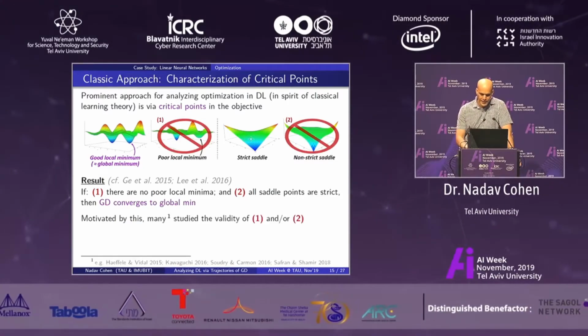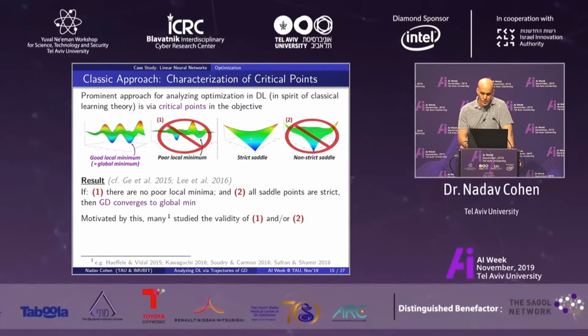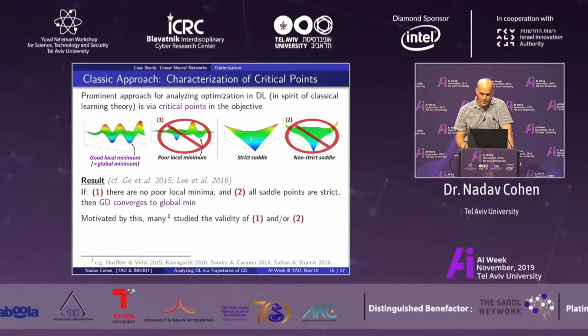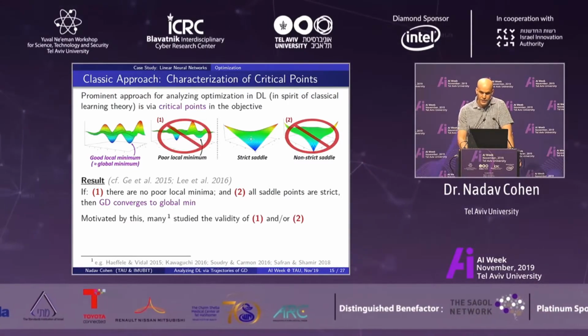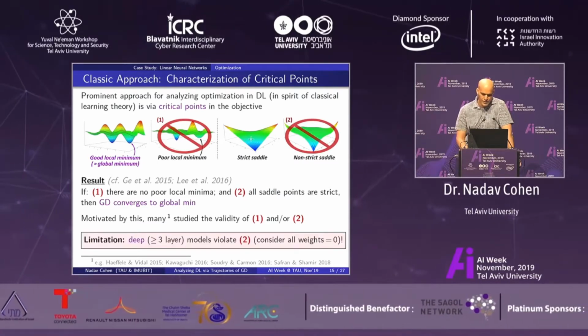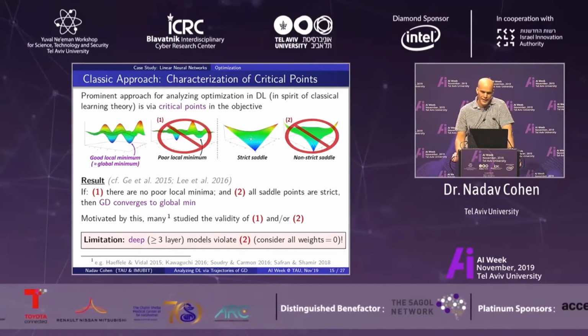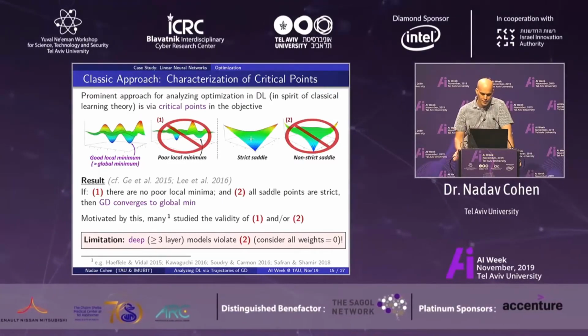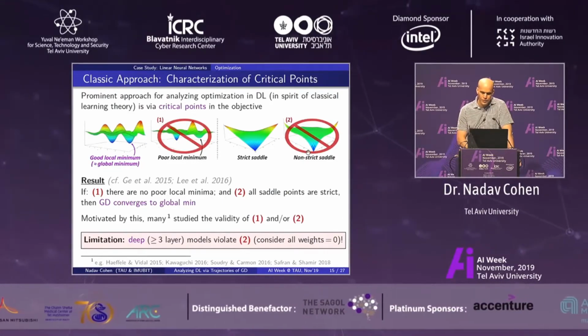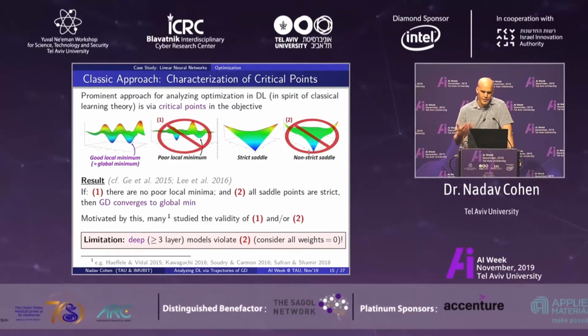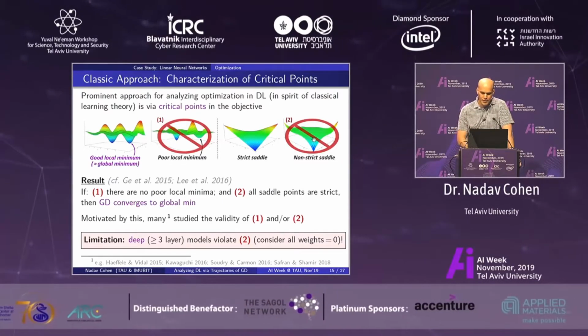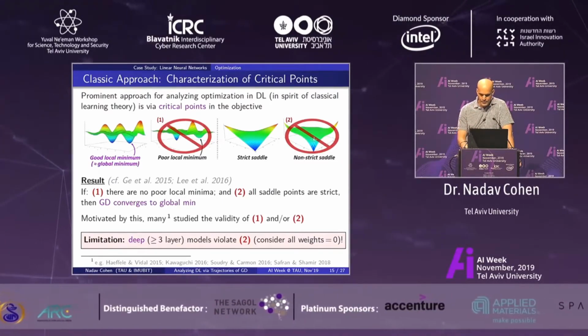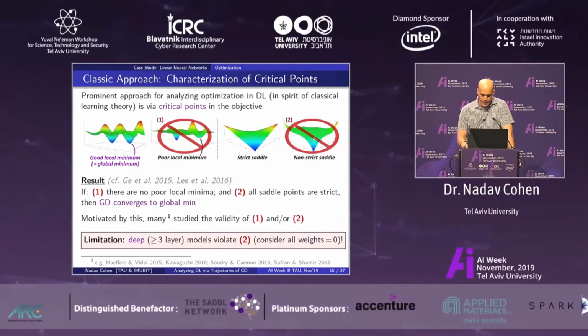And indeed, many motivated by this result studied the validity of these two properties, no bad local minimum and no non-strict saddle. However, this kind of approach hits a wall right at the outset when you try to apply it to a deep model, 3 or more layers. Because for a deep model, property 2 is false. All the second derivatives are going to be 0, and you will get a non-strict saddle. So this kind of approach doesn't really go through.